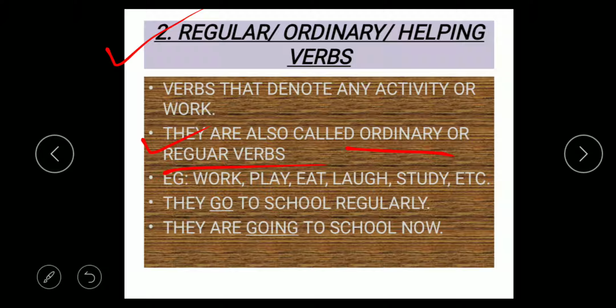Examples are given here: work, play, eat, laugh, study, etc. Whatever work we are performing, the actions which are done, all come under this category. For example, they go to the school regularly. Simply, go is the verb here. They are going to the school now. Here also, going is the verb.